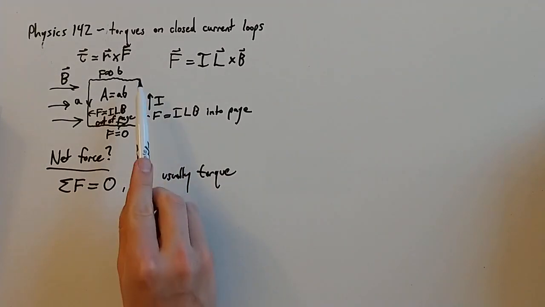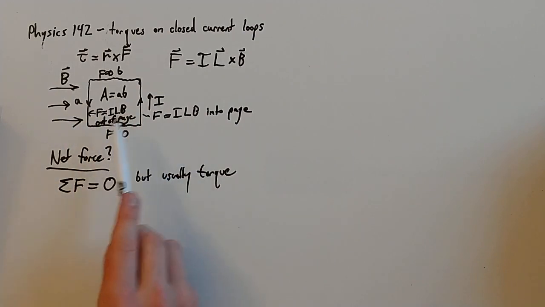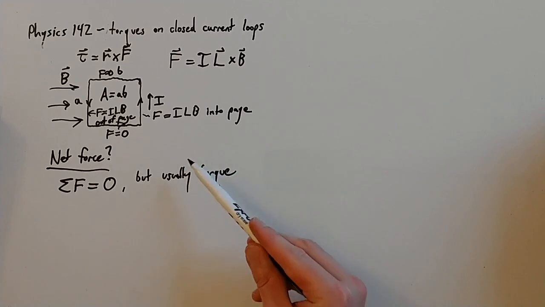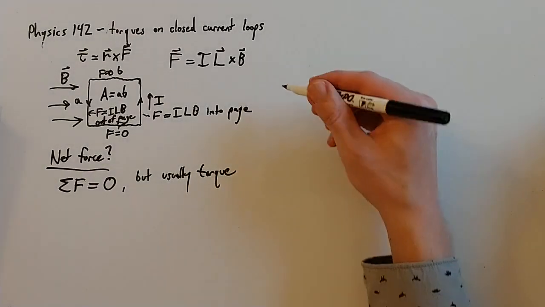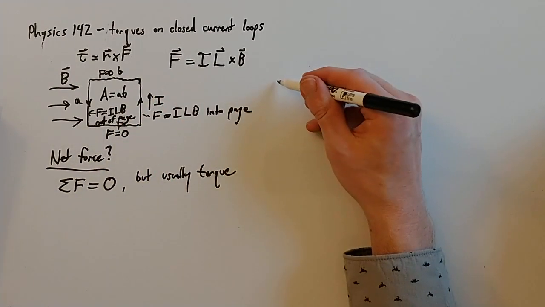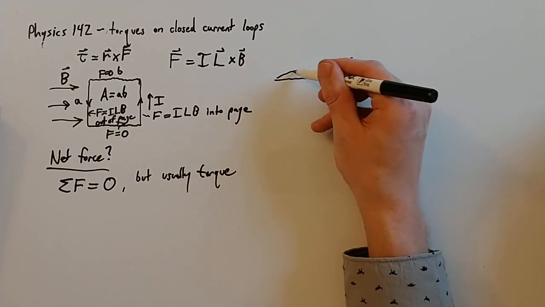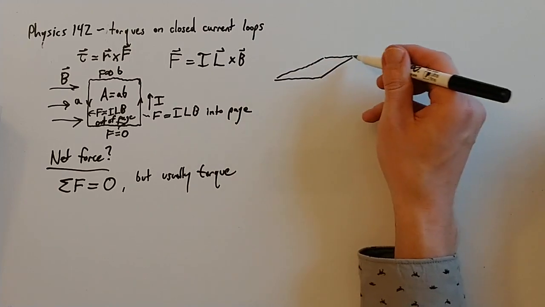Because anytime you apply uneven forces, a force on this side and a force on this side, that should make the object rotate. So let's have a look at that. Maybe I'll draw another picture here. We'll view it kind of edge on, but let's see if I can draw this. So maybe if we view my current loop at a little bit of an angle now.